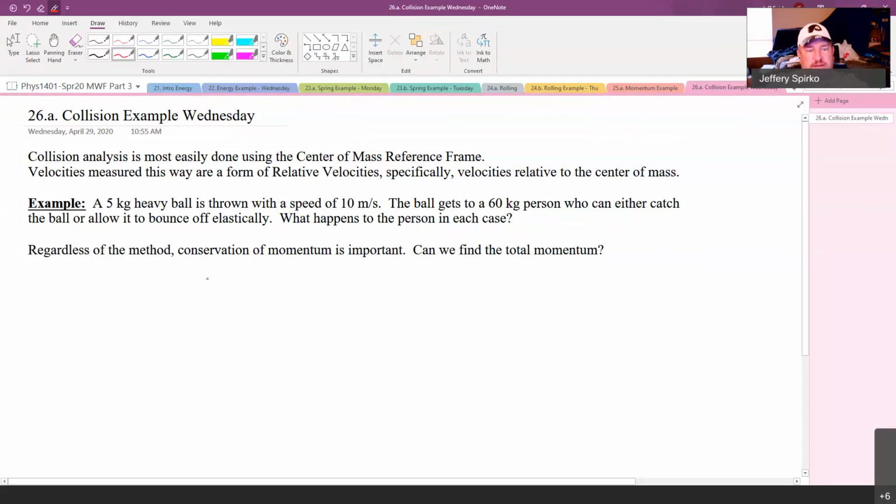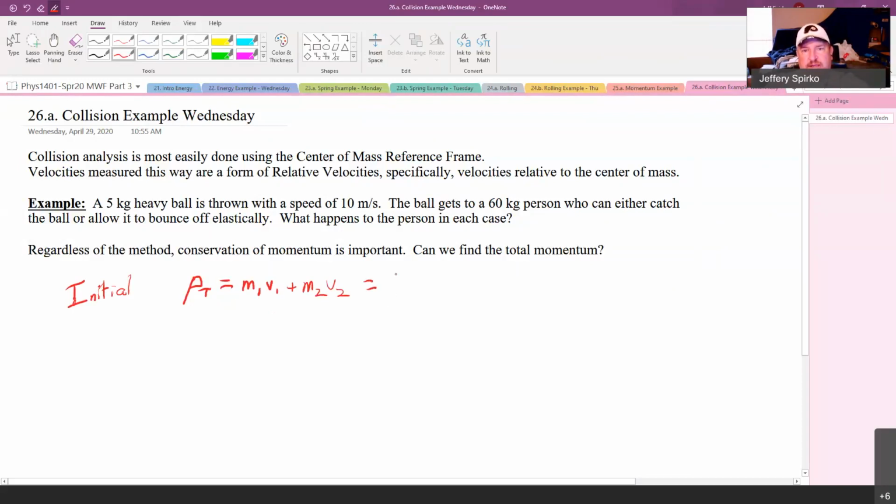So the P total initial is M1 V1 plus M2 V2.